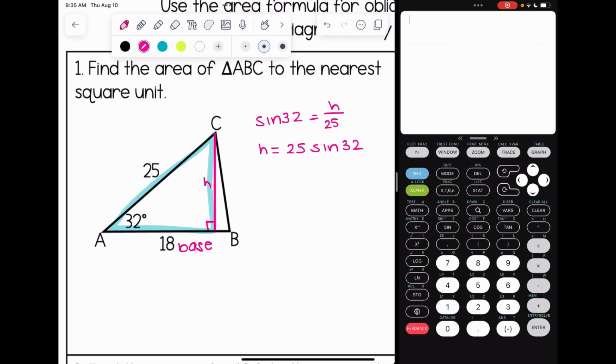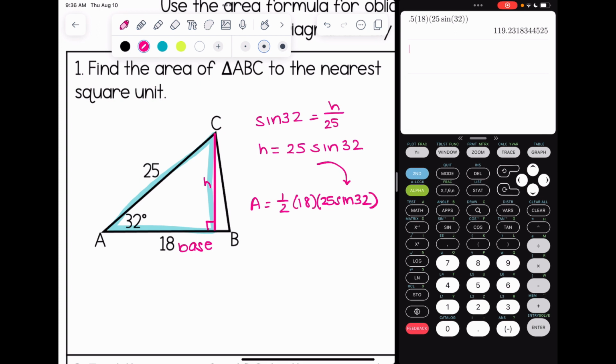Now I know the height, and I already knew the base, so I could find the area of this triangle. It would be 1/2 times the base of 18 times the height we just found, 25 sine 32. I'm going to put that in my calculator, typing 1/2 as 0.5, then 1/2 of 18 times 25 sine 32.